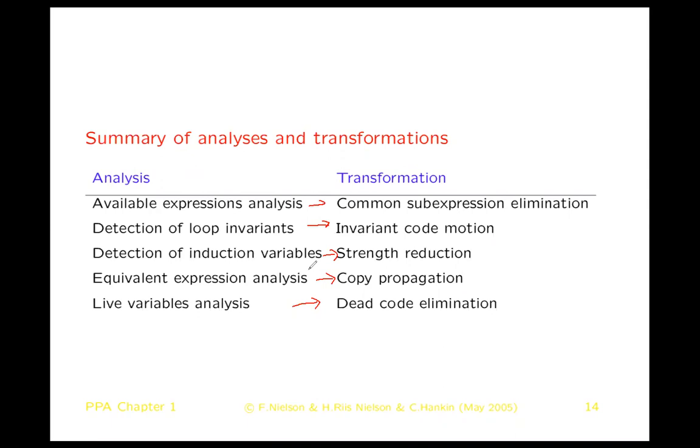It's important that if we apply any of these transformation passes without doing the corresponding analysis passes, these transformation passes are useless. In compilers, when you invoke a common sub-expression elimination transformation pass, the corresponding analysis pass is automatically invoked, because in the absence of that analysis pass, the necessary information to do the transformation will not be present at all.